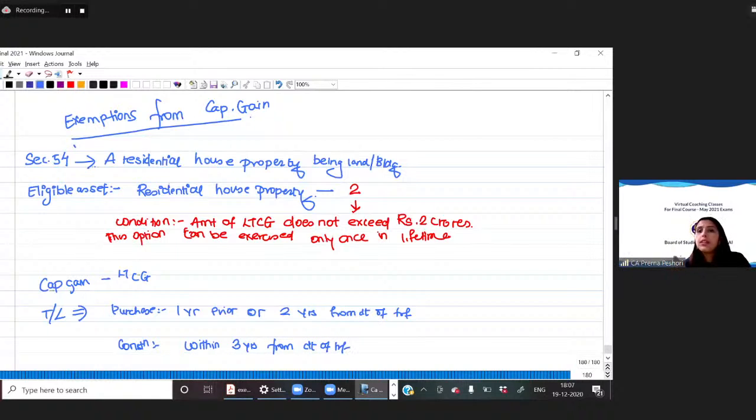So 1 year prior or 2 years from the date of transfer for purchase, and within 3 years from the date of transfer for construction. Is it clear?